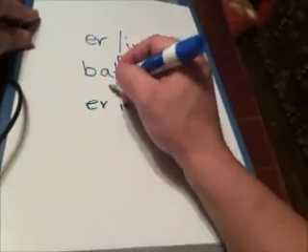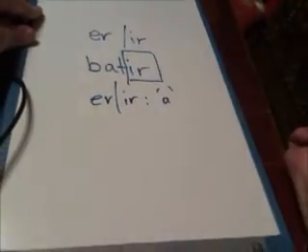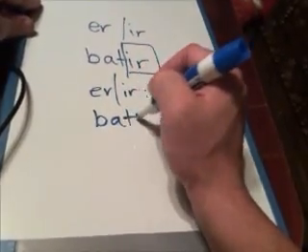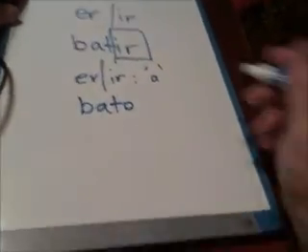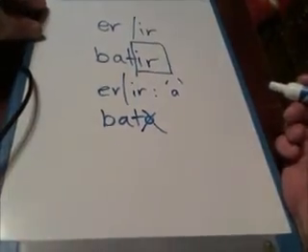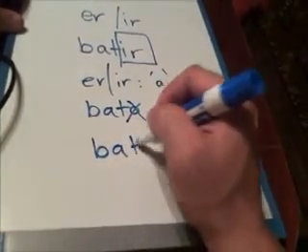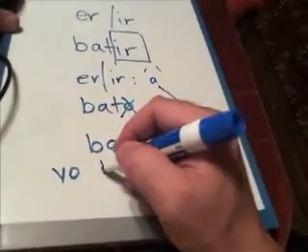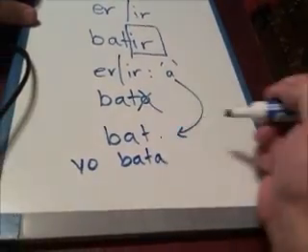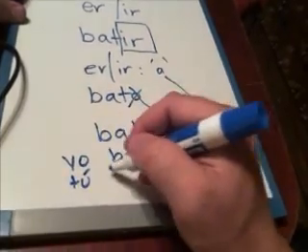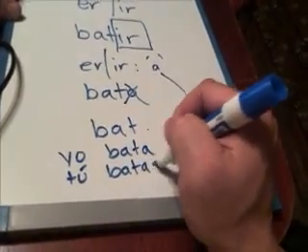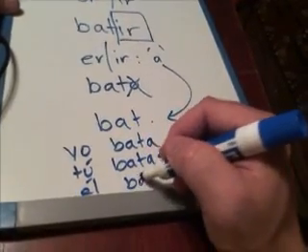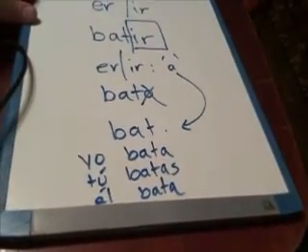Well, ER and IR's opposite vowel is A. So what we're going to do is take the yo form that would have been bato, drop the O. You're left with bat, and then you're going to take that opposite vowel and make a verb chart.